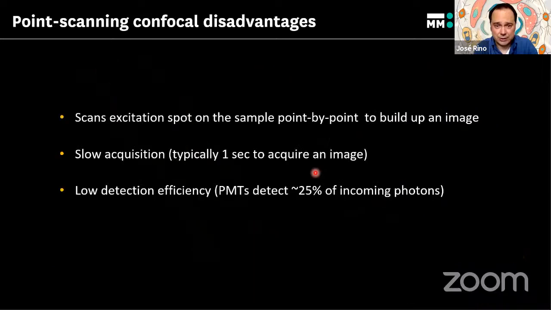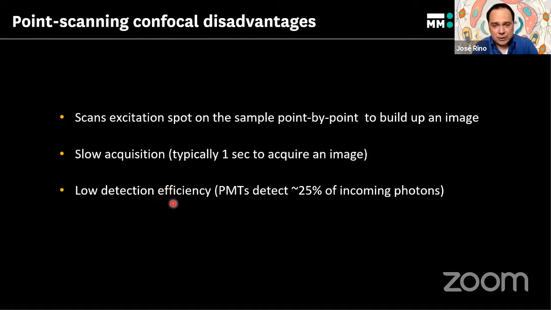So this is just an example. Bottom line on the point scanning confocal, it scans your excitation spot on the sample point by point to build an image. This means it's slow, really. It's not an image that you acquire all at once, as in a wide field. It typically takes 1 second to acquire an image, but this can easily increase if you're using multiple channels with a high resolution image, with more pixels.